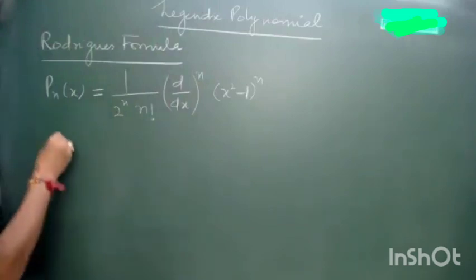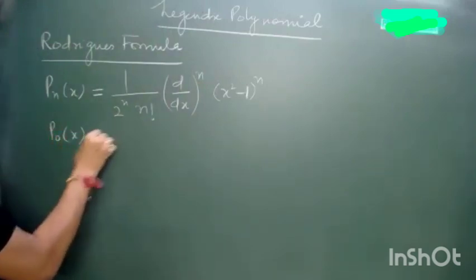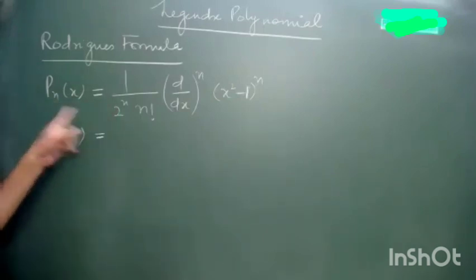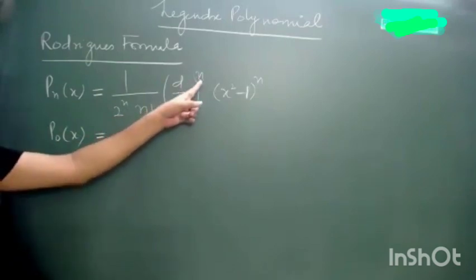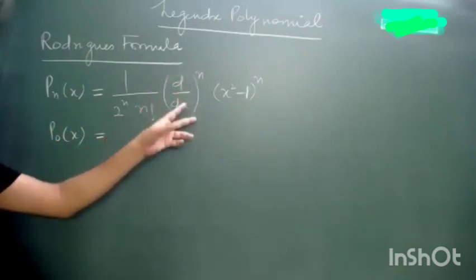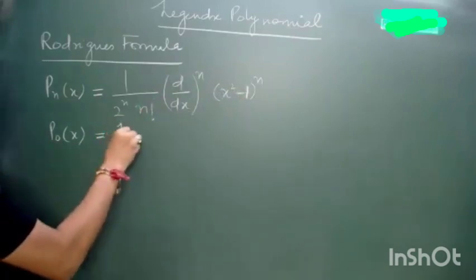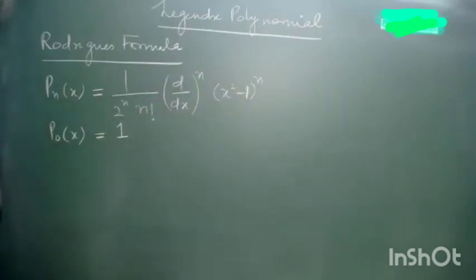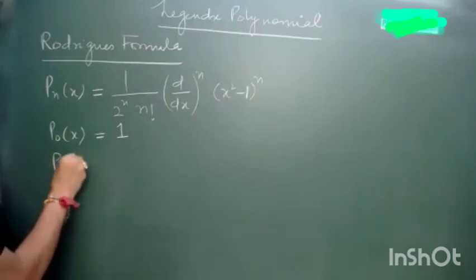For example, if I want to derive P0(x), so please see this, n is equal to 0, I have substituted, this will become 1, power 0 means this will become 1, and this will also become 1, so P0 will become 1, correct? And we know that this is the zero Legendre polynomial. Now what about P1(x)?